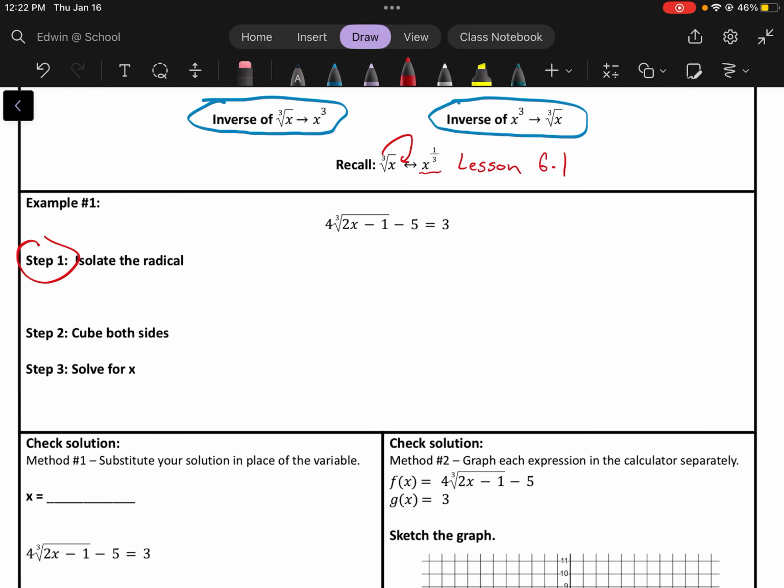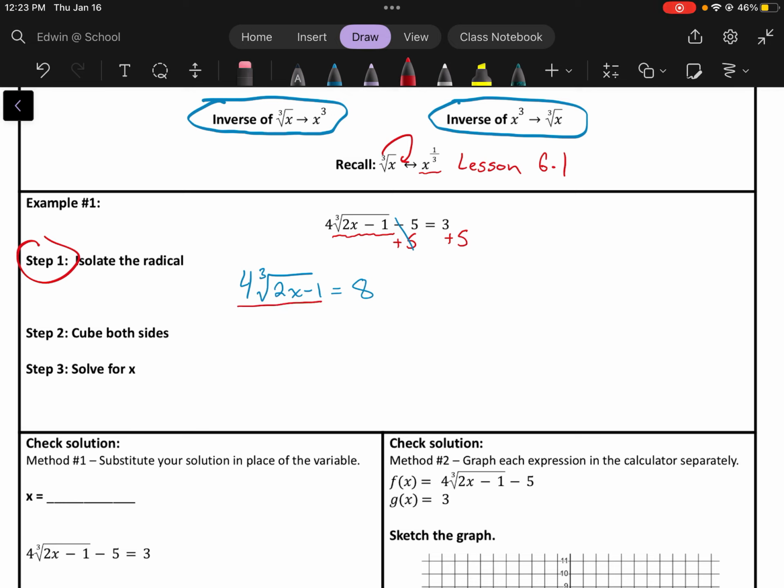So step 1 is to isolate the radical, meaning this radical right here needs to be left by itself. The way that we're going to do that is we have to see other things around it, such as this 4 and this -5, and we have to move them over. The first thing I'm going to do is add 5 to both sides. The reason I do that is so that the 5s could cancel out, and all I'm left with is 4 cube root of 2x minus 1 equals 8.